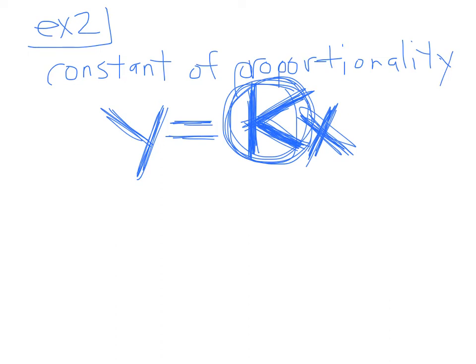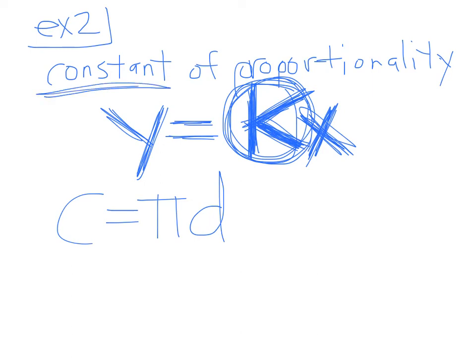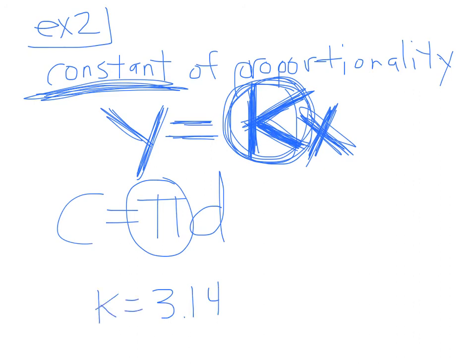So basically, you have a formula here in circumference is C equals pi d, or diameter times pi. In this case, the constant, in other words, the thing that remains the same, it is constant, is always pi. So the constant of proportionality in circumference is approximately 3.14.